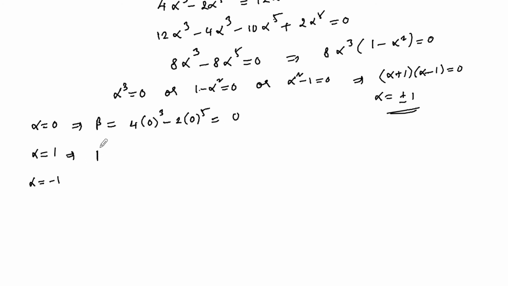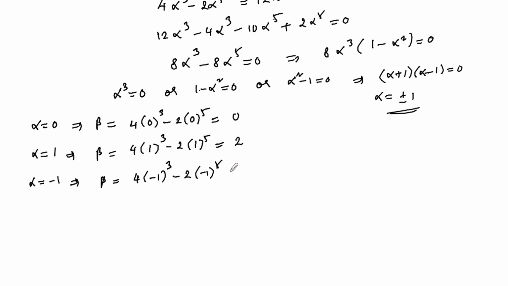When alpha is equal to 1, beta is equal to 4 times 1^3 minus 2 times 1^5, that is 4 minus 2, which is 2. And when alpha is equal to negative 1, beta is equal to 4 times (minus 1)^3 minus 2 times (minus 1)^5, which equals negative 4 plus 2, so we get minus 2.